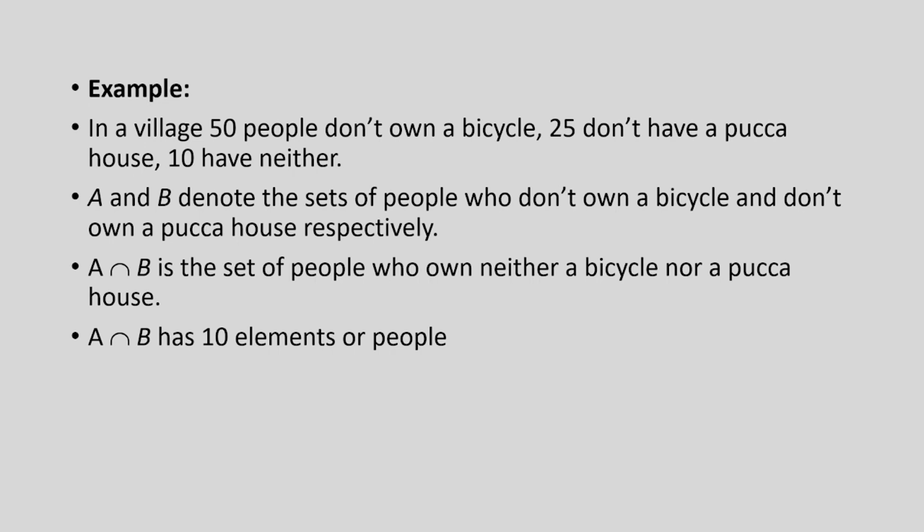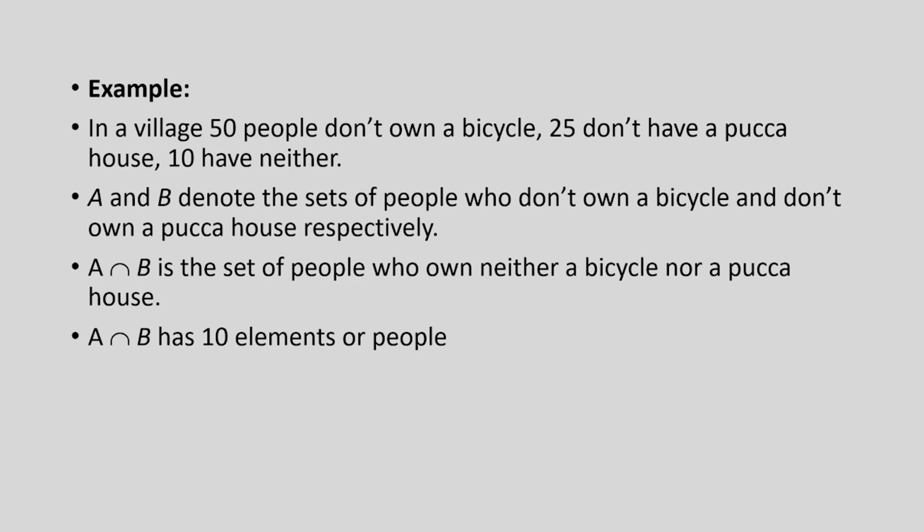A and B denote the sets of people who do not own a bicycle and do not own a pakka house respectively. So, A has 50 elements, that is 50 people, and B has 25 elements. A intersection B is the set of people who own neither a bicycle nor a pakka house.